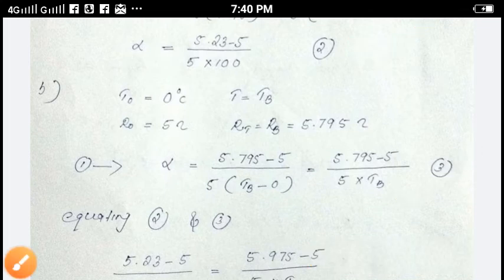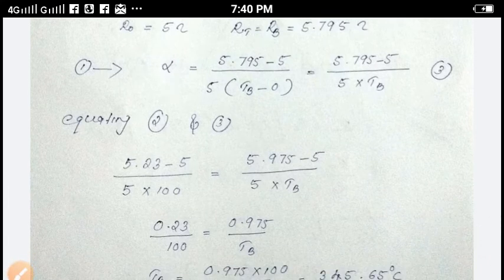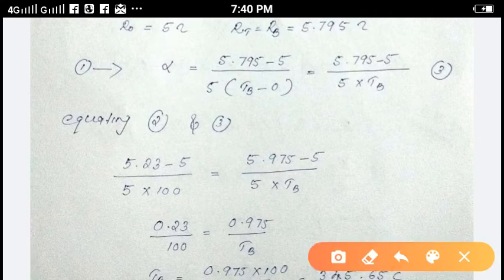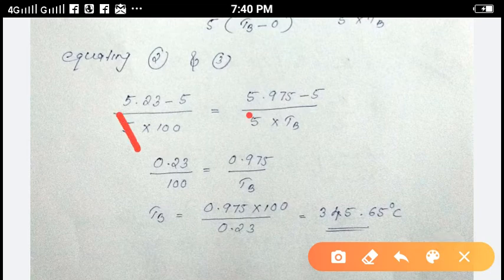Let us equate equation 2 and equation 3 because both equations are for the same alpha. So we can write 5.23 minus 5 divided by 5 into 100 equal to 5.795 minus 5 divided by 5 into TB. From both sides we can cancel 5.